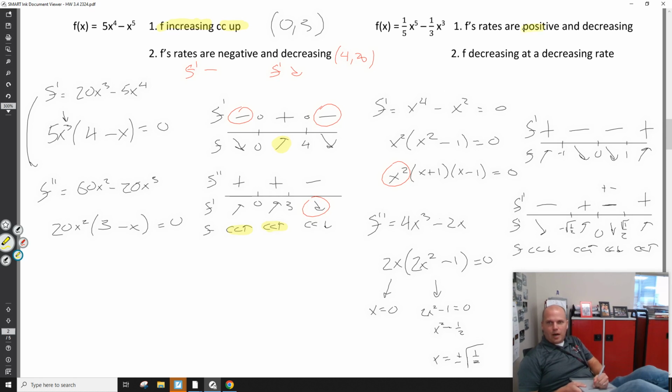F's rates are positive and decreasing. Okay, I look at F prime. F prime positive, F prime decreasing. So this would just be from negative infinity to negative 1.